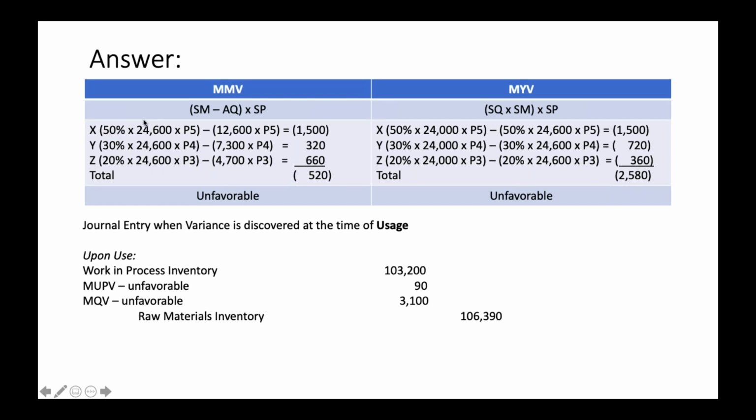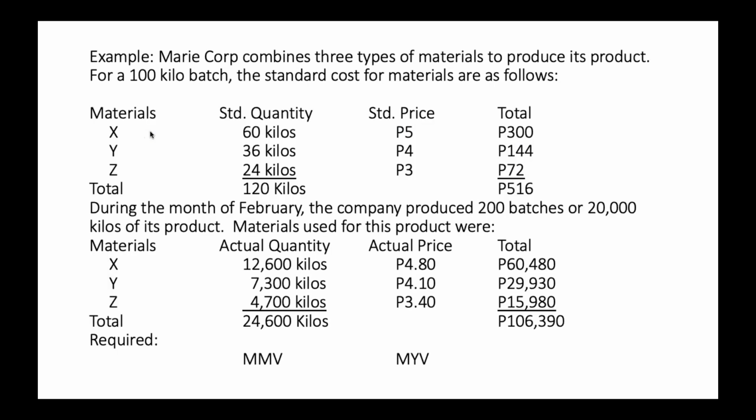Now, where did we get 24,600? Okay, the actual quantity used, the total quantity of the raw materials, is 24,600.